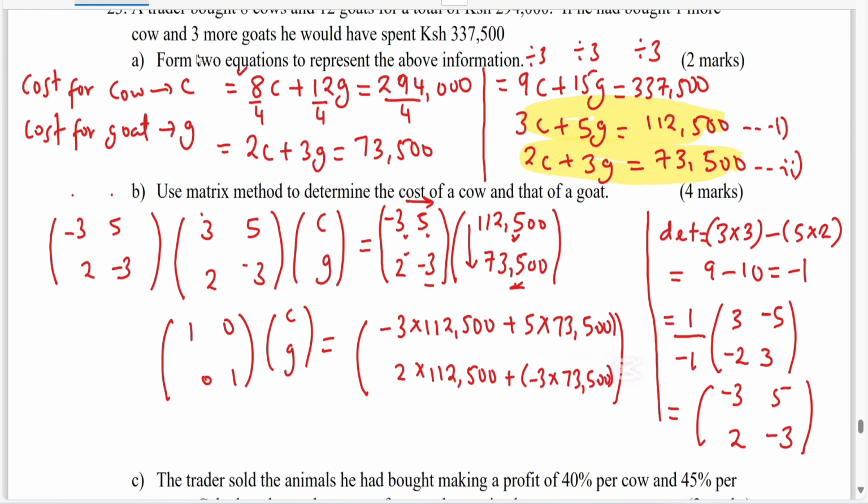Sawa, paka hapo tuko chonjo. Hizi ntoe tu hivi, so that we don't forget also. Sawa, 73,500. So hapa itabakia tu kwa CG, because if you take your identity matrix times any matrix, it just gives you the matrix set.